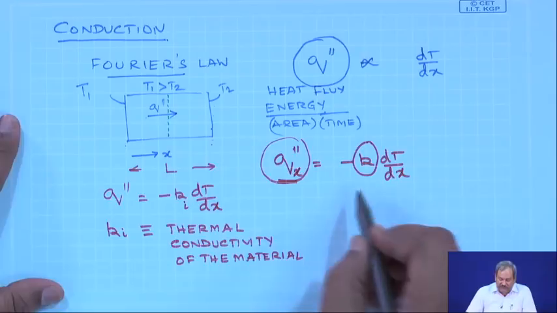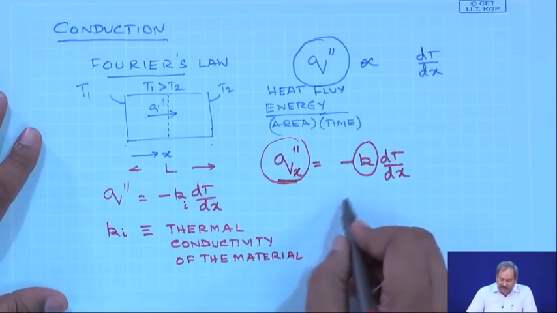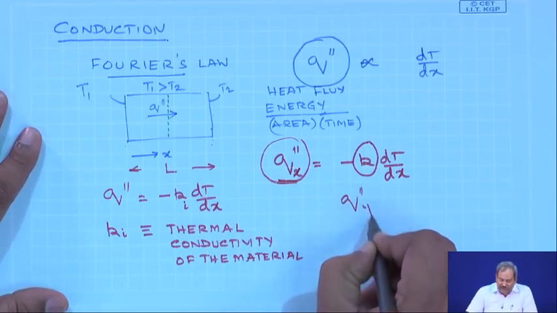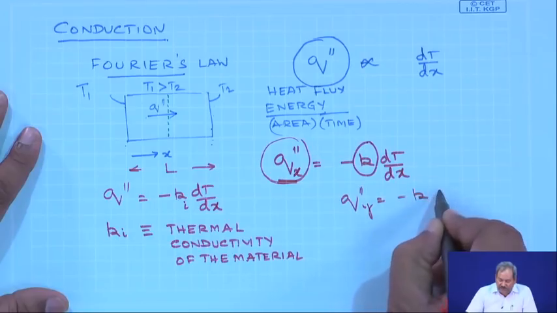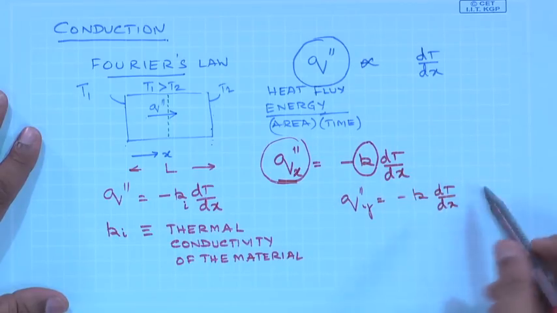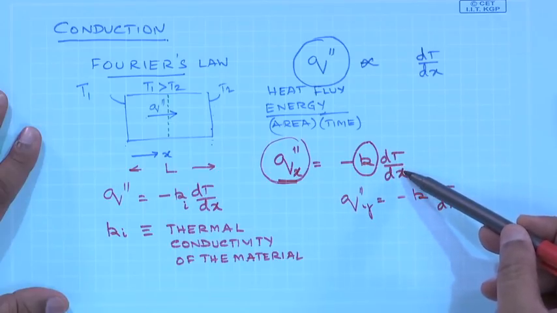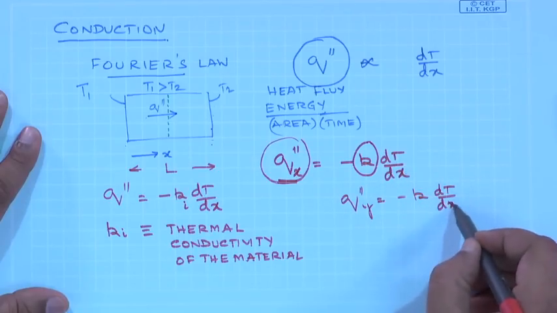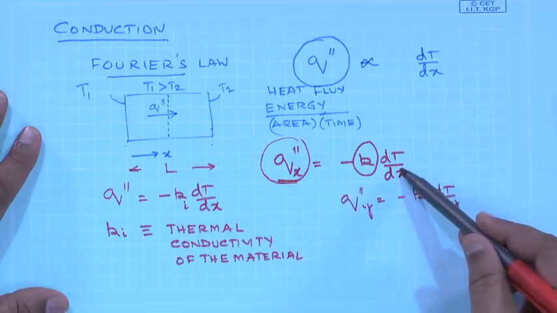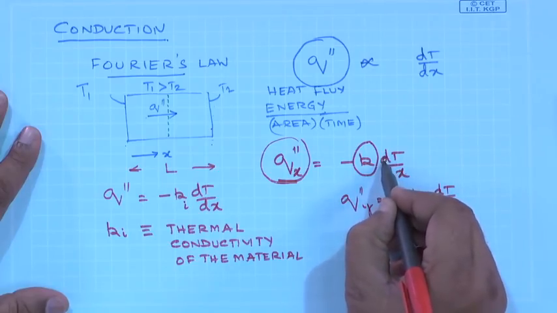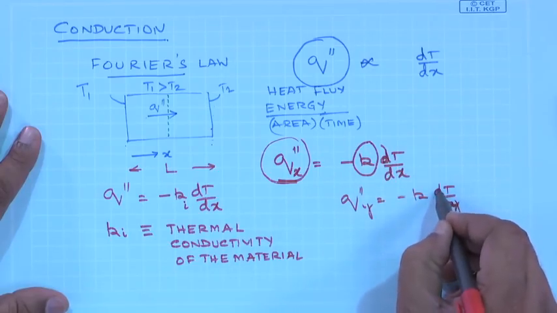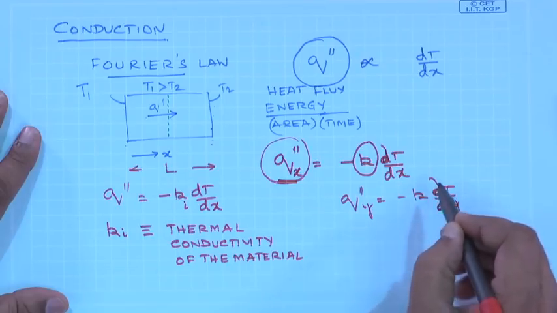If there exists a temperature gradient in the y direction, then the same Fourier's law can be written as dT/dx. But since now I understand that temperature is a function of x as well as y, I change the ordinary differentials to partial differentials.